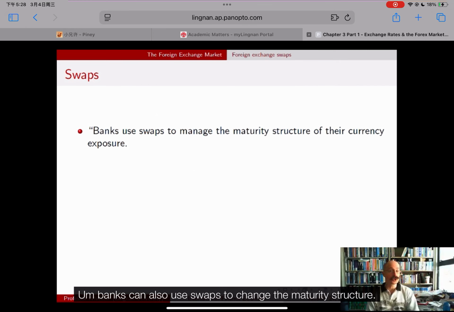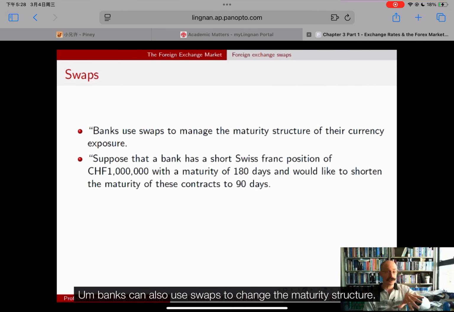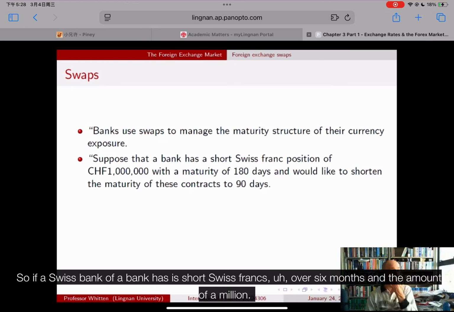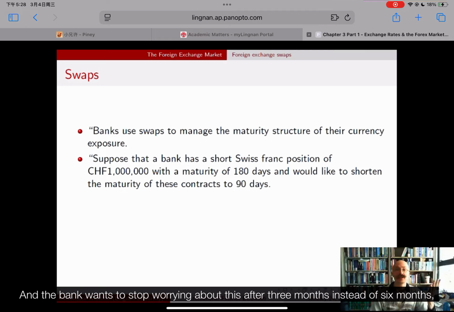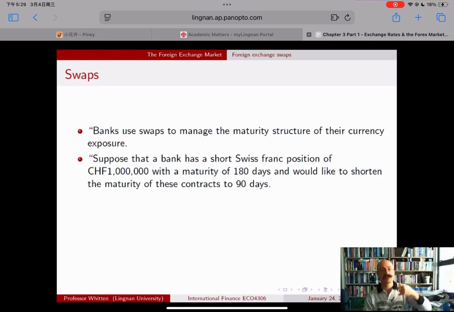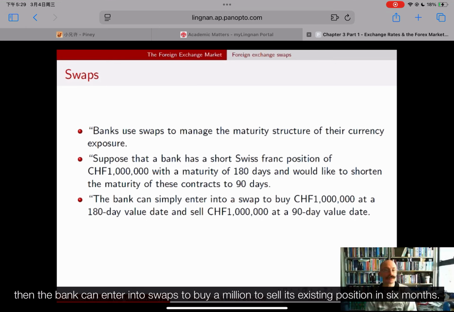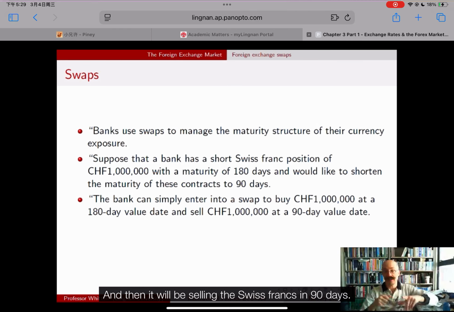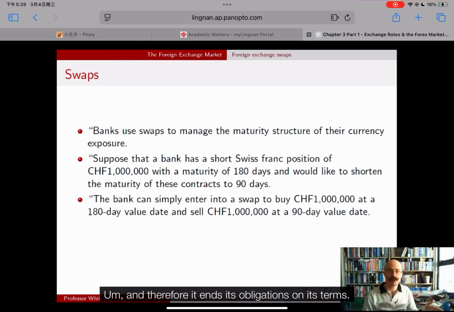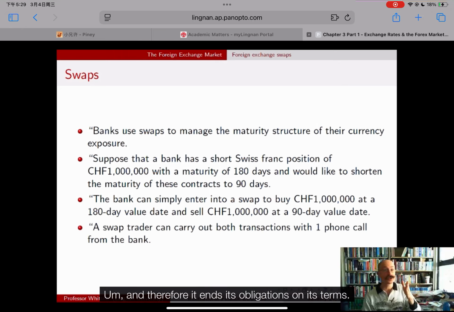Banks can also use swaps to change the maturity structure. So if a bank is short Swiss francs over 6 months in the amount of $1 million, and the bank wants to stop worrying about this after 3 months instead of 6 months, then the bank can enter into swaps to buy $1 million to sell its existing position in 6 months, and then it will be selling the Swiss francs in 90 days, and therefore it ends its obligations on its terms.